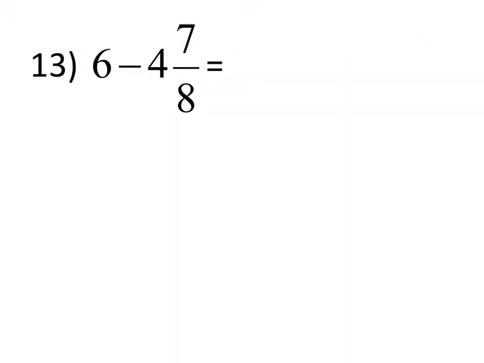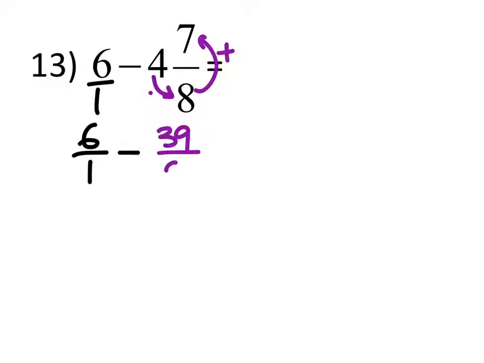All right, 13. I'm going to make this 6, once again, a 6 over 1. So we'll keep that there, subtract. But I'm going to change 4 and 7/8 into an improper fraction, so I'll multiply 4 and 8, 32, plus 7. That gives me 39/8. But I want common denominators, 8 specifically on this one. So I'm going to multiply the 6 and the 1 by 8.